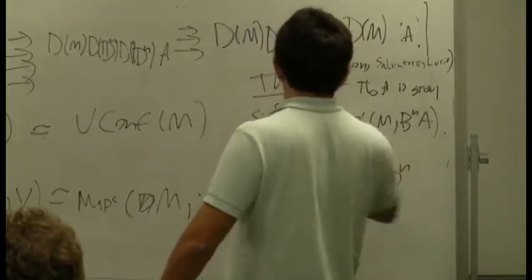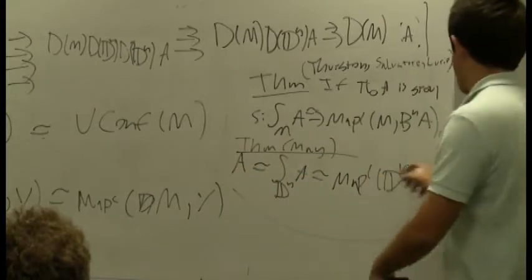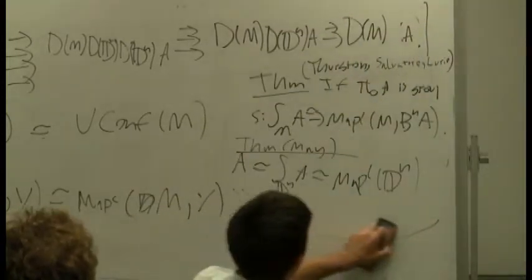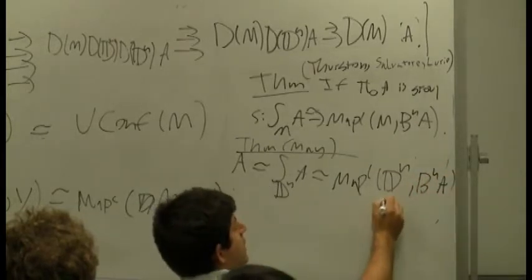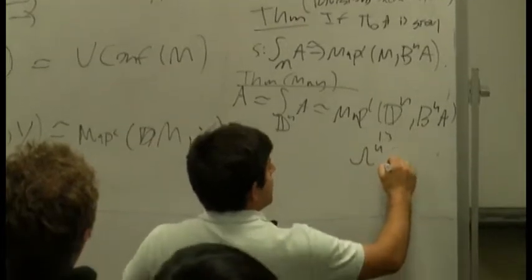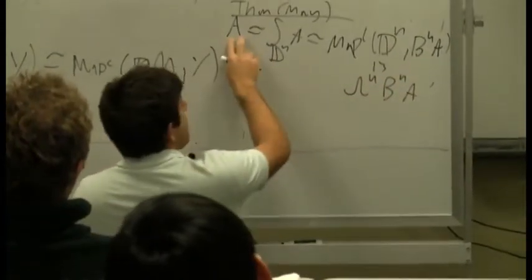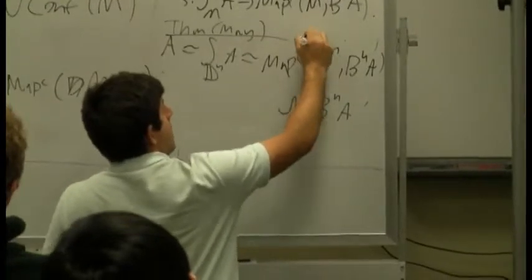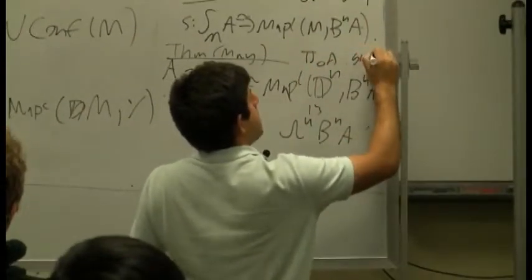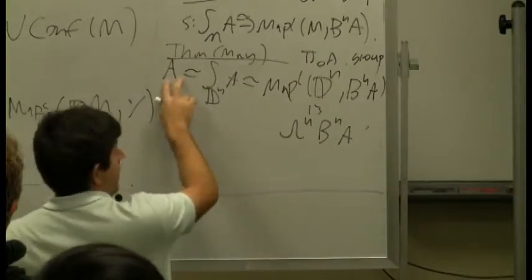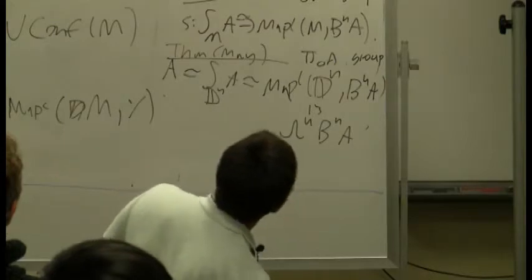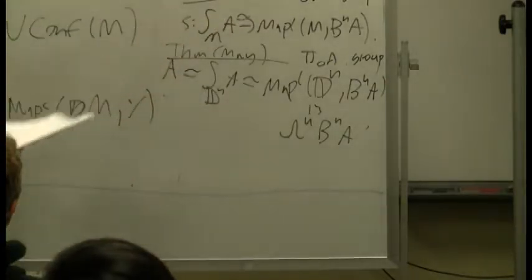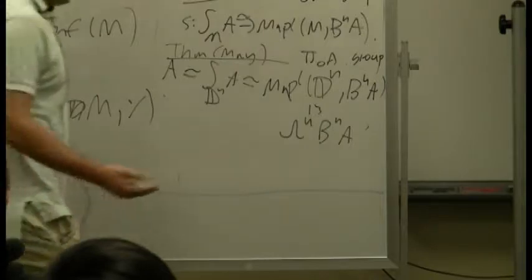I'm writing the proof, and the theorem is the final equality: compactly supported maps, which is homotopy equivalent to n-fold loops of BnA. So this says if you have an EN algebra and pi 0 of A is a group, then A is homotopy equivalent to an n-fold loop space. So you should think of non-abelian Poincaré duality as the minimal generalization of Peter May's recognition principle and regular Poincaré duality.